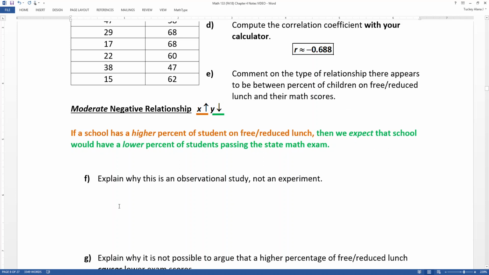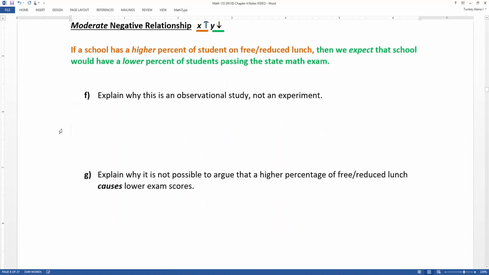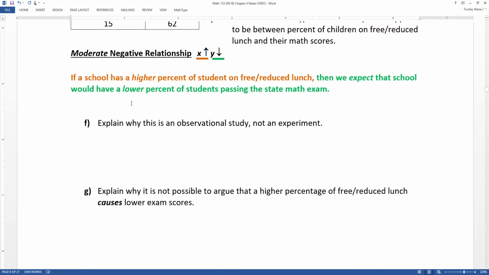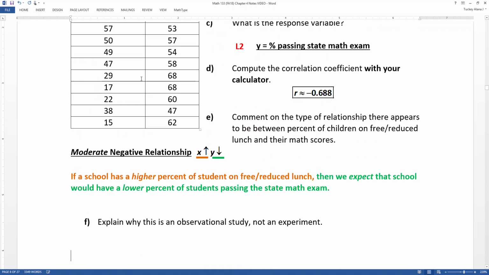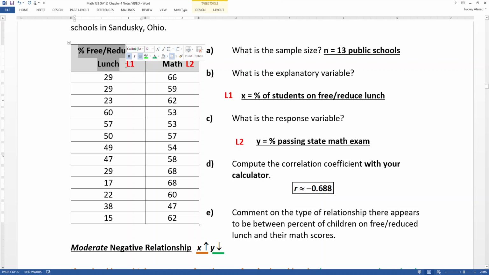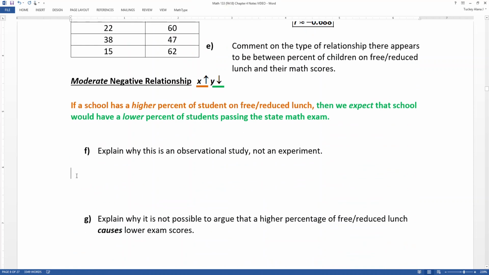All right, now why would this study have to be observational? It actually can't be an experiment, not ethically. To be an experiment, you have to randomly apply the treatment, right? You have to randomly apply the X, which would be free reduced lunch. Well, you can't do that. You can't say, hey, student, no matter what, you're going to get free reduced lunch, and they'd be like, I don't need it, but it doesn't matter, you're getting it.